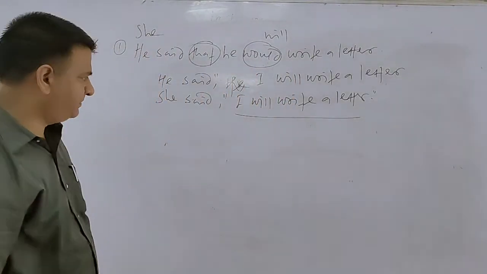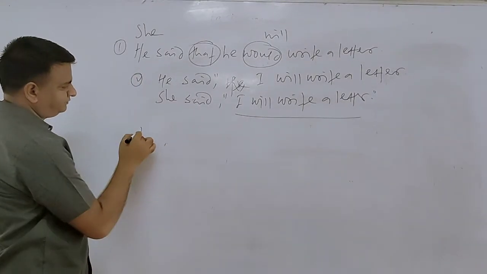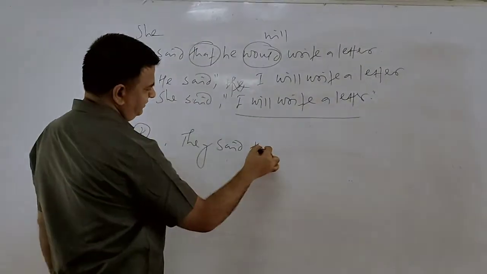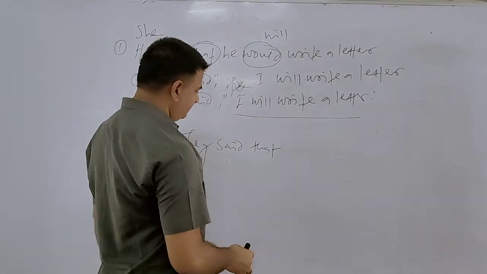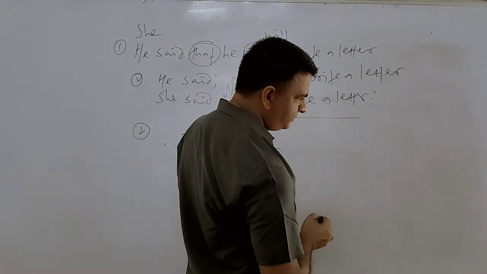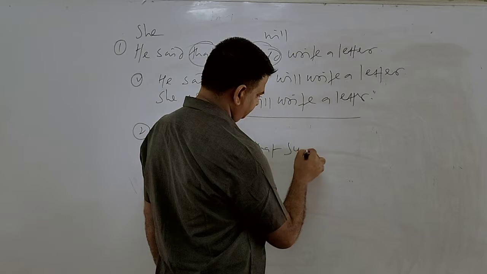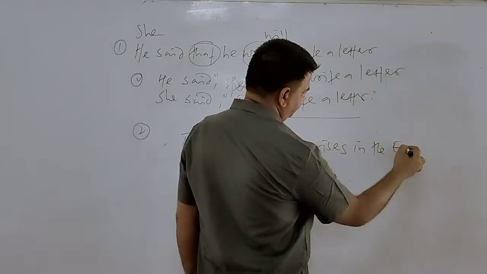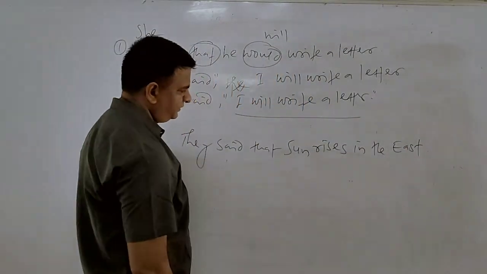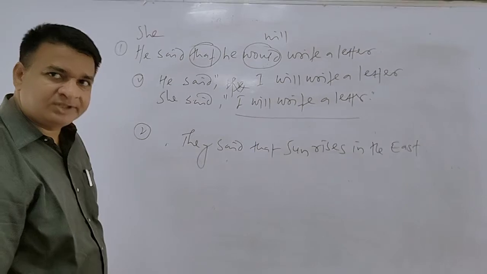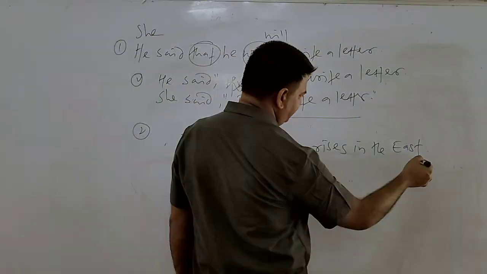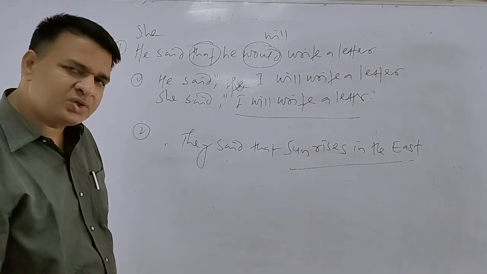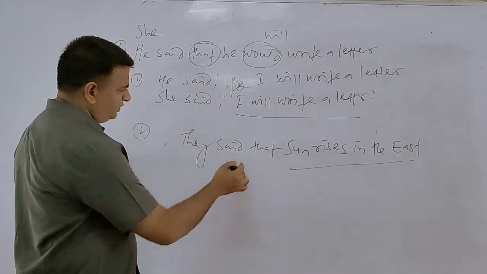Again, I will give you some examples. They said that sun rises in the east. So we couldn't convert them, because the sun rises in the east is the universal fact. We have to keep it as it is in reported speech of direct or indirect speech. Just we have to remove that.